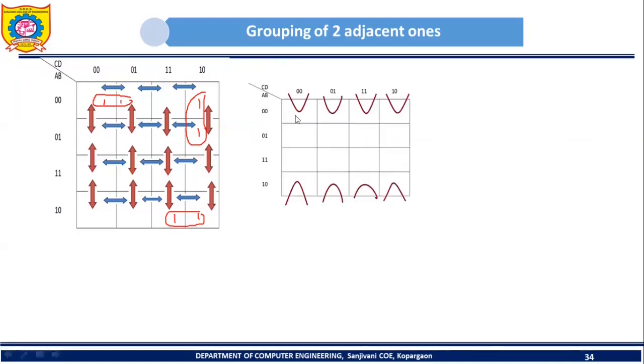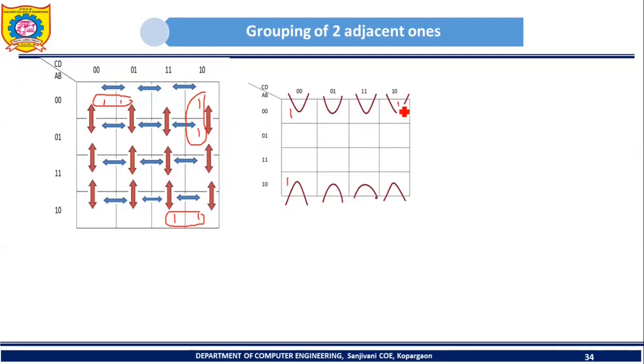Consider the next possibility. Suppose we have 1 here and 1 here. We have already seen that the cell present in the first row and the corresponding cell present in the last row of the K-map are said to be adjacent. So if we have 1 here and 1 here, we can make a group of these two 1s.